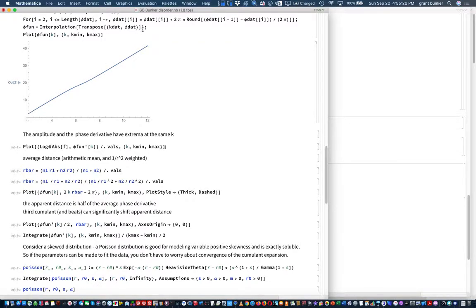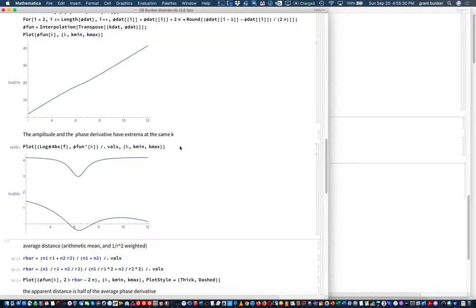If it weren't for things like beats and cumulants, the slope would be 2k times the average r. Here we plot the logarithm of the amplitude, because that's the beat there, but also the derivative of the phase has the same kind of structure. It comes up here, and then it has a slight blip down in slope, and then it goes back up.